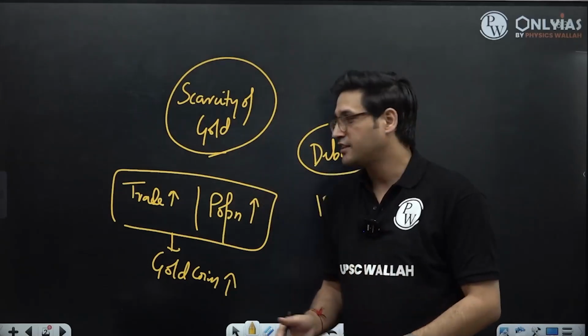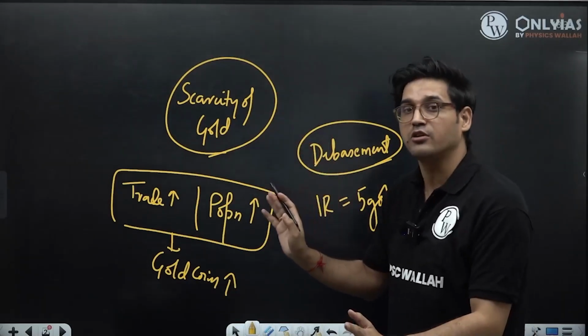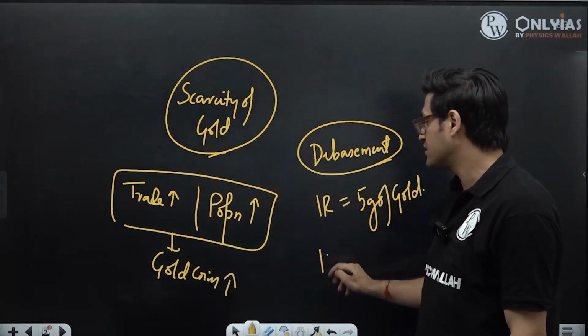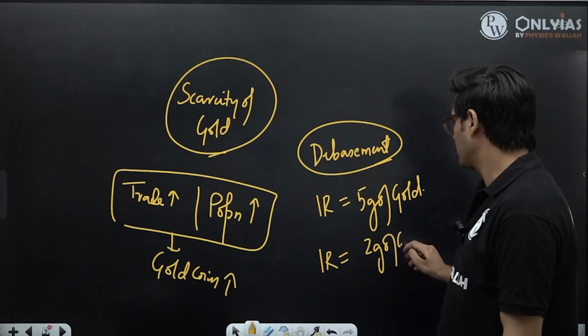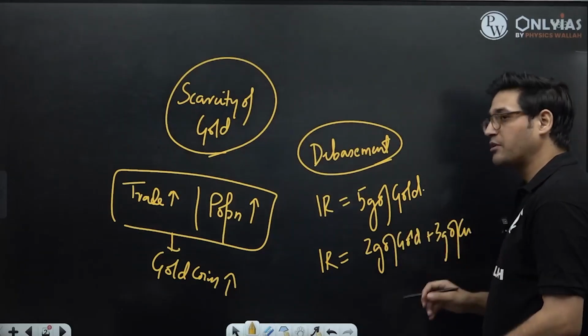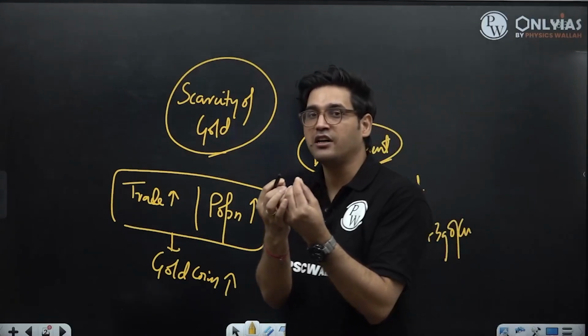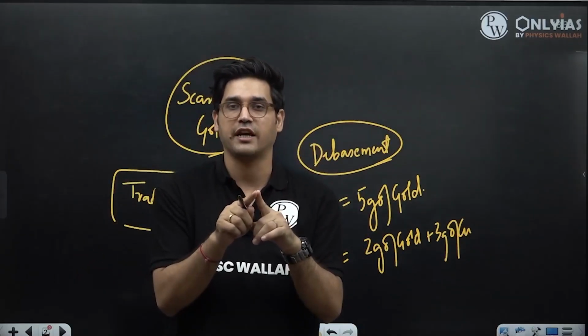Which means that in this economy which is facing scarcity of gold, what they are going to do now is they are going to issue 1 ranchan, but 1 ranchan will have 2 grams of gold and 3 grams of copper. That means inside will be a layer of copper and it will be gold plated from the outside.